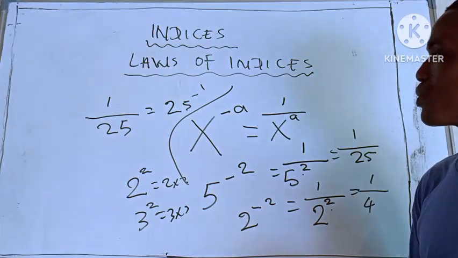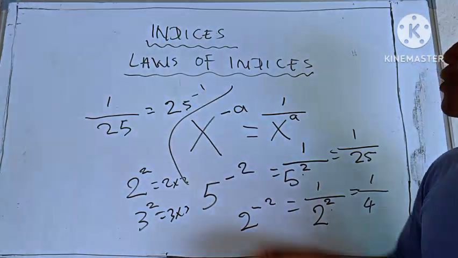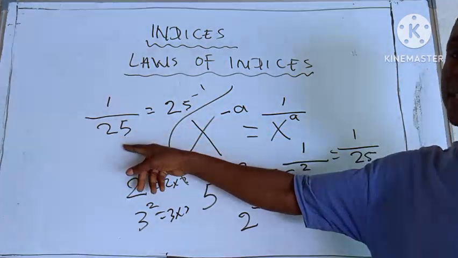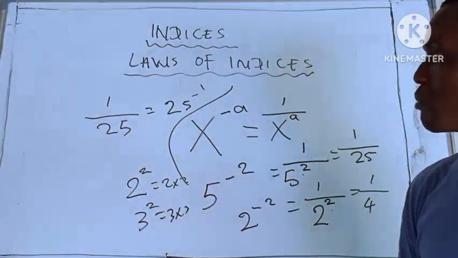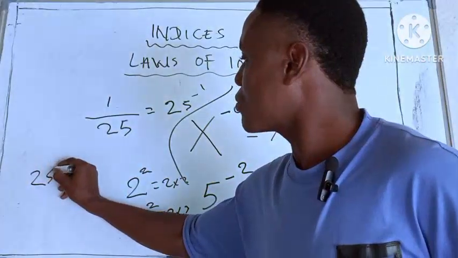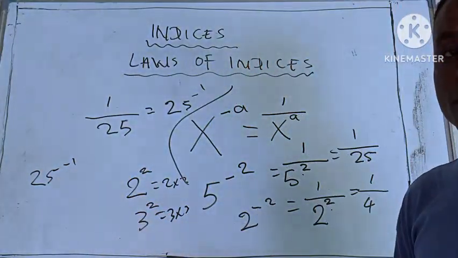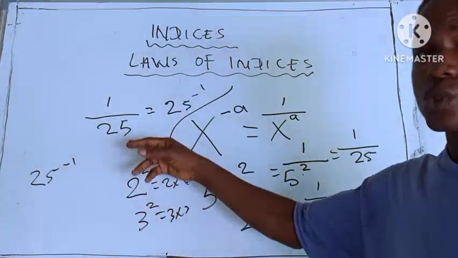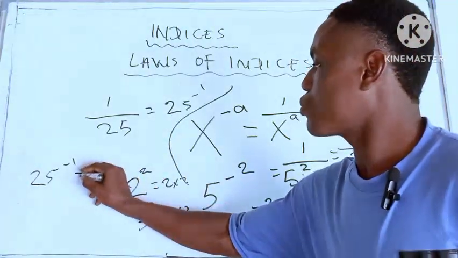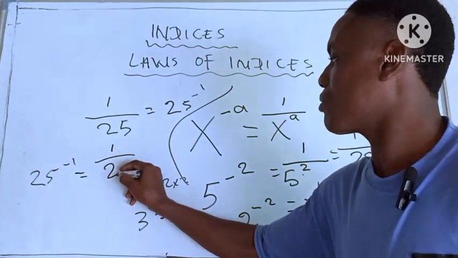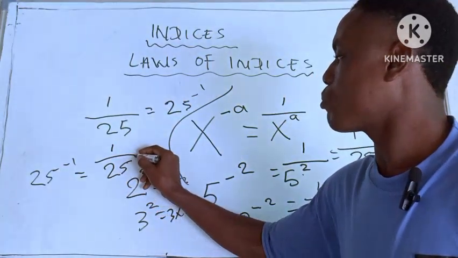Now, if you want to change it, it will be in this format. Meaning that if they give you something like this, 25 raised to power 1, pay attention, 25 raised to power minus 1, it will be 1 all over 25 raised to power 1.